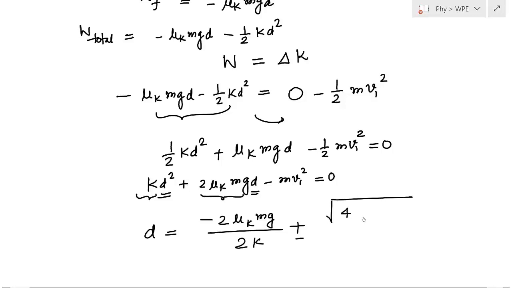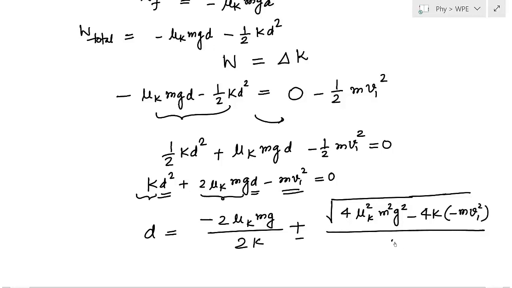So this will be 4 mu k square m square g square minus 4ac. A is k and c is nothing but m v1 square, and this divided by 2a, so 2 times k.